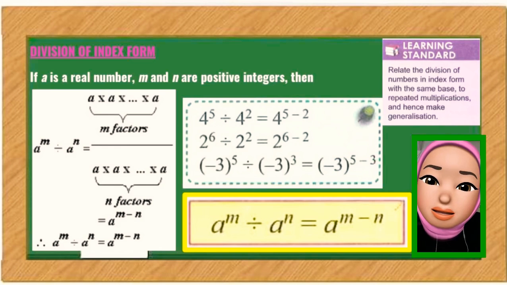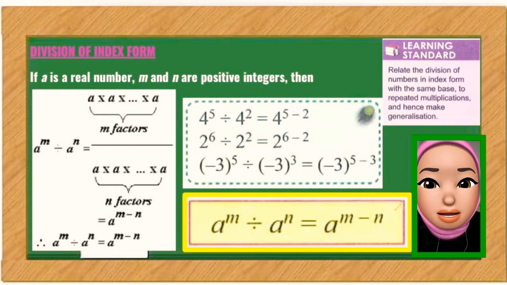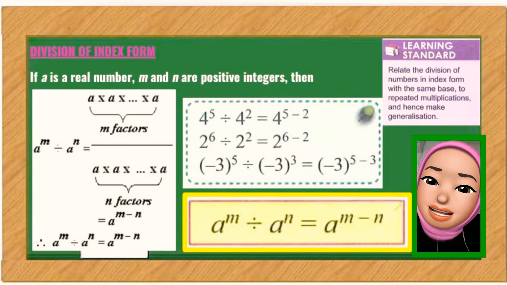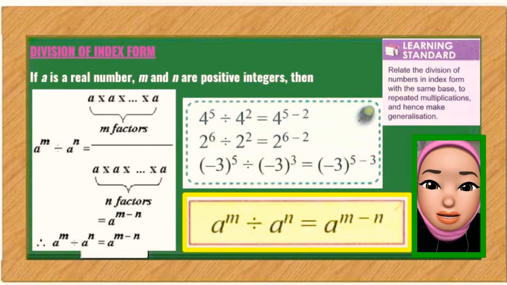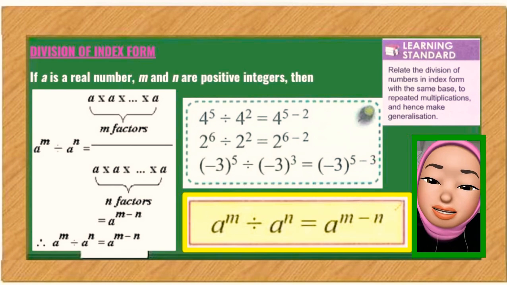Then negative 3 to the power of 5 divide negative 3 to the power of 3 equals negative 3 to the power of 5 minus 3. So in general, if we have the same base and we have to solve that question with division, what we should do with the power? We have to minus the power.